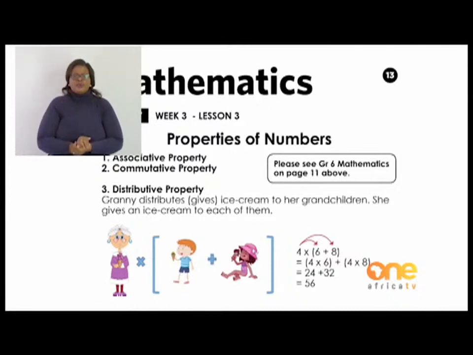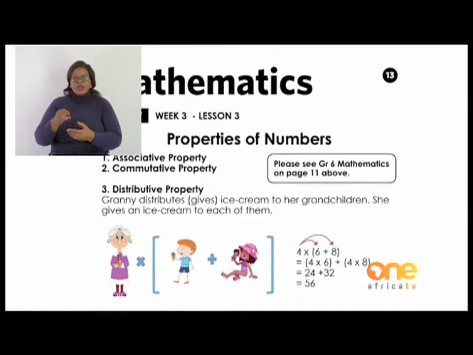In a mathematical way, that can also be explained with that example which is there: 4 times (6 plus 8), and in that manner 6 plus 8 can also be inside the brackets. So to distribute 4 to those numbers inside the bracket, you can expand and say 4 times 6 and 4 times 8 until you get to the answer.